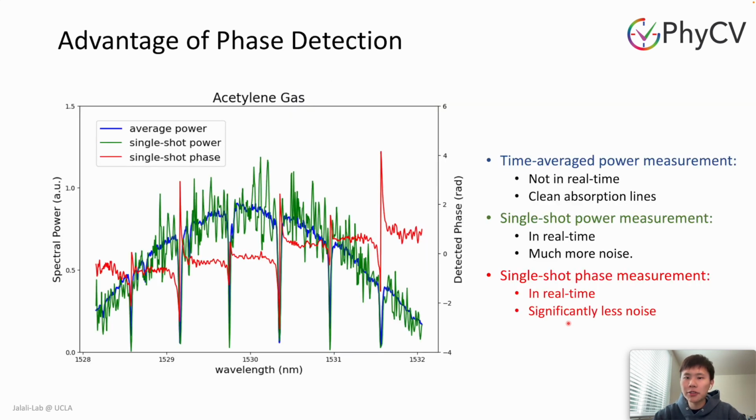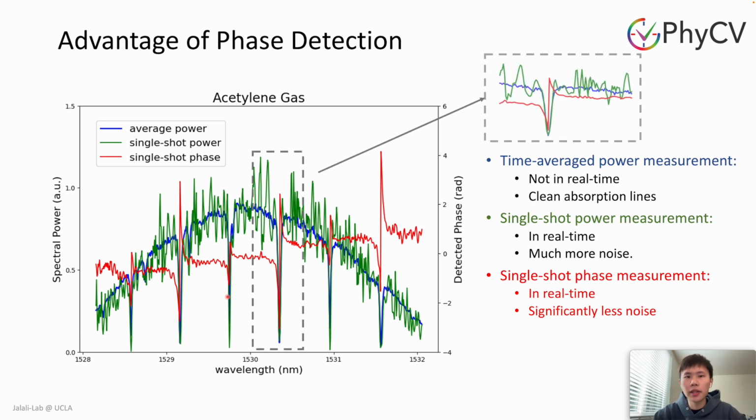Okay, now back to the acetylene gas absorption spectrum. The red line represents the single-shot phase measurement from coherent photonic time stretch. It is plotted without any smoothing or averaging. There is clearly less noise, even though it is done in a single shot in real time.